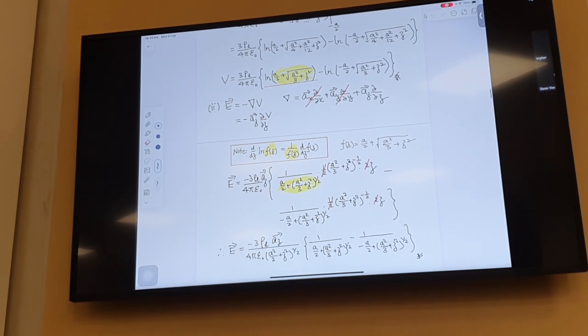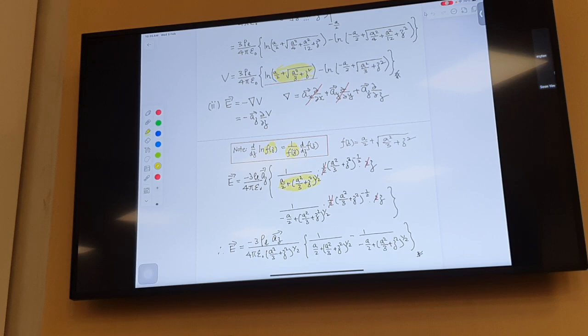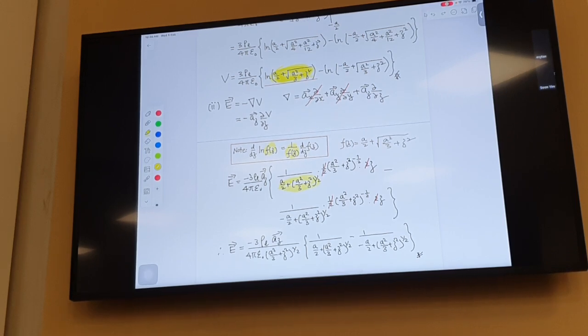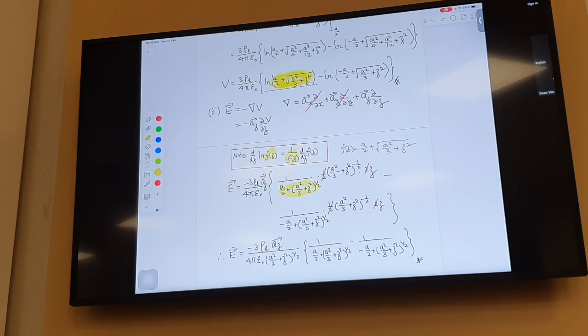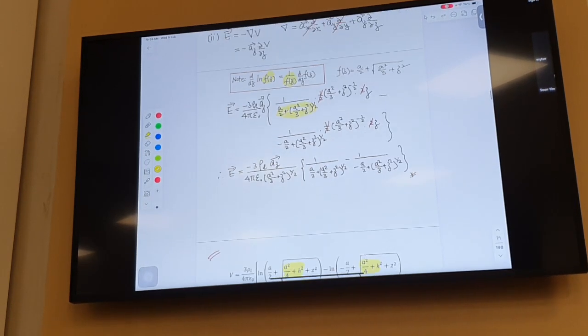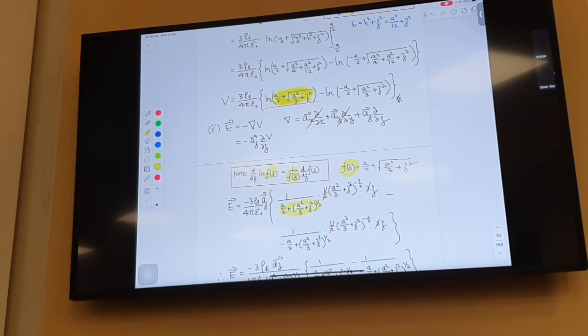I use the same color, easier. So that when you try to differentiate this term, pick out the f(z) here. So basically this will be your f(z).